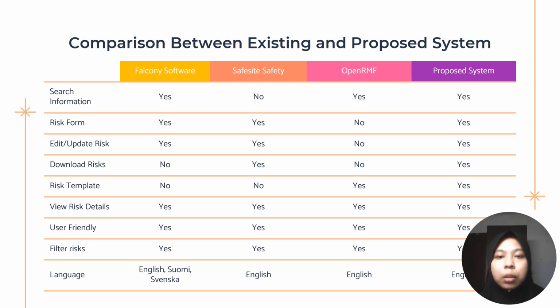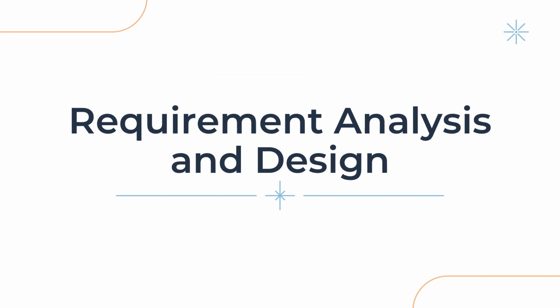For OpenRMF, there are no functions for response, edit or update risk, and download risk template. And the proposed system will include all the functions stated, such as search information, response, edit and update risk, download risk template, view risk details, user friendly, filter risk and language.